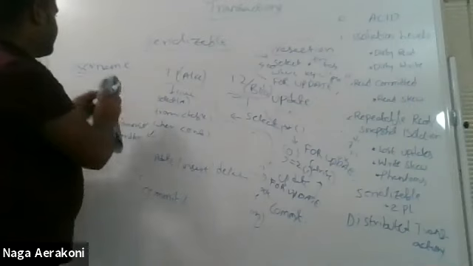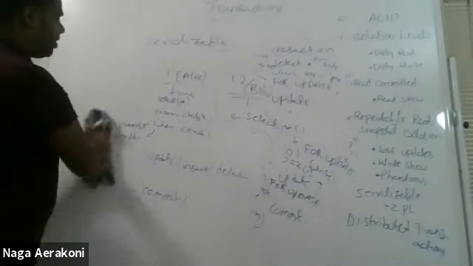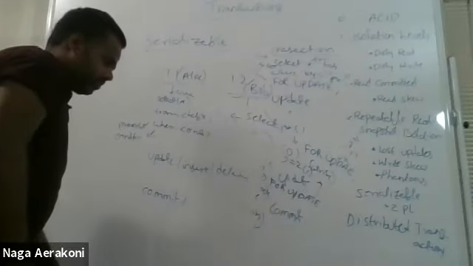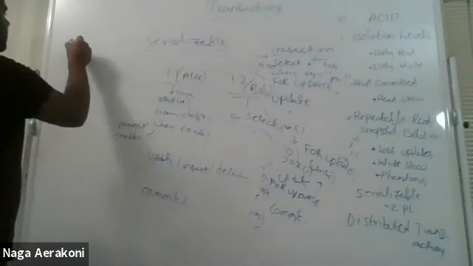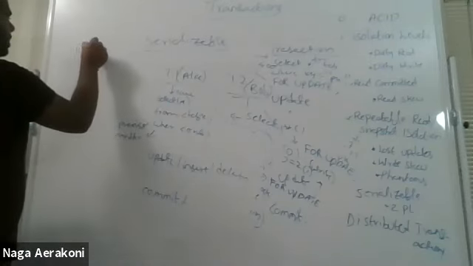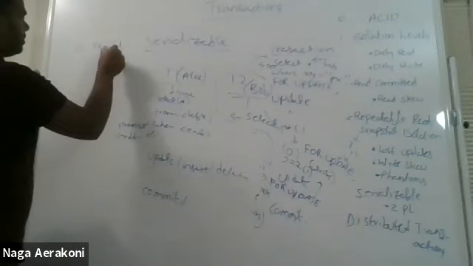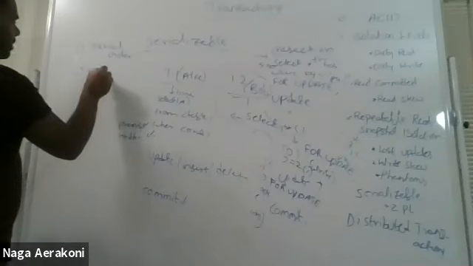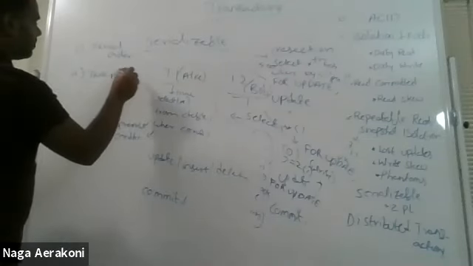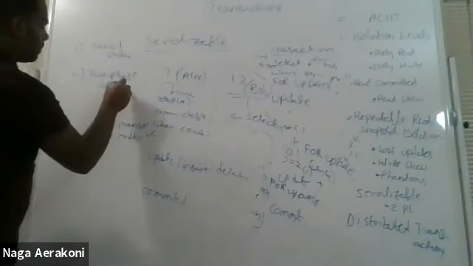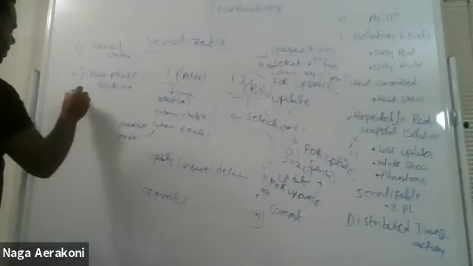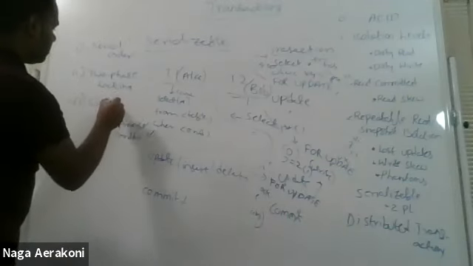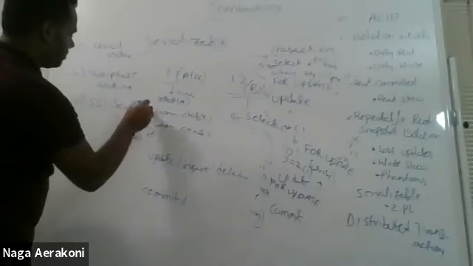There are three ways in which serializable can be implemented. One of the ways is literally executing in serial order, the second one is two-phase locking, and the third way is SSI, which is serializable snapshot isolation.